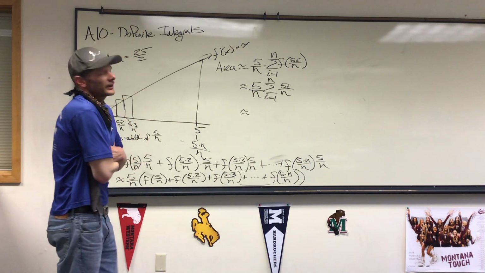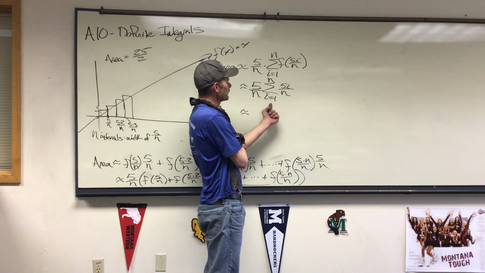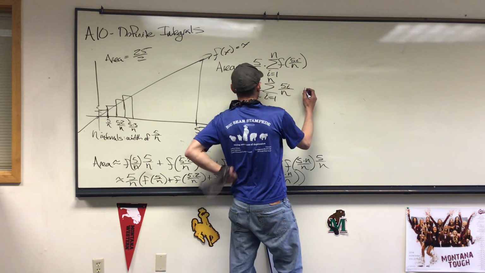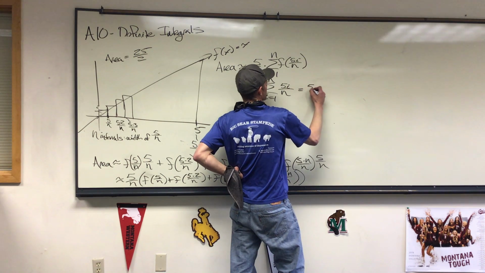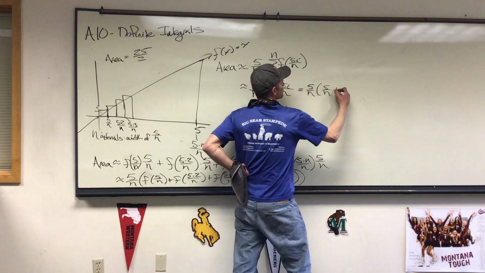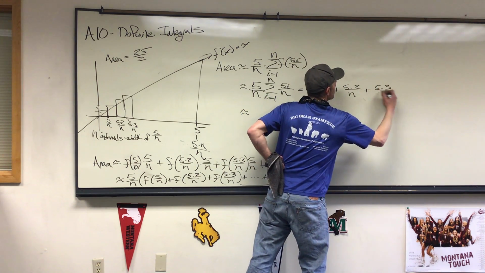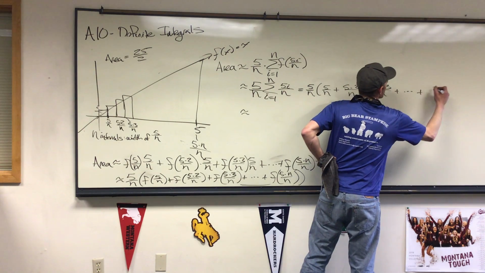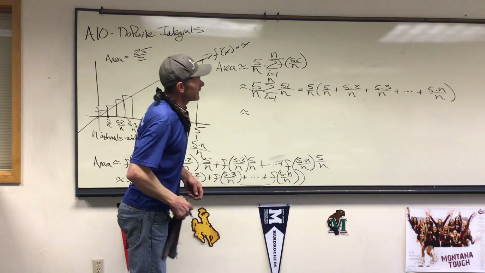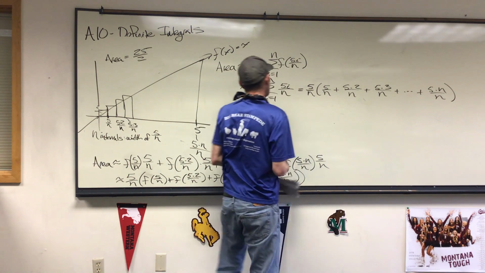Okay? And if you were to write this out, you would have 5 over n plus 5 times 2 over n plus 5 times 3 over n. I'm going to write that actually. And you notice then that each one of these has a 5 over n term, and so we can pull that out as well.